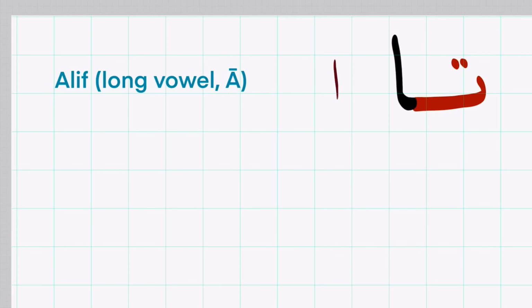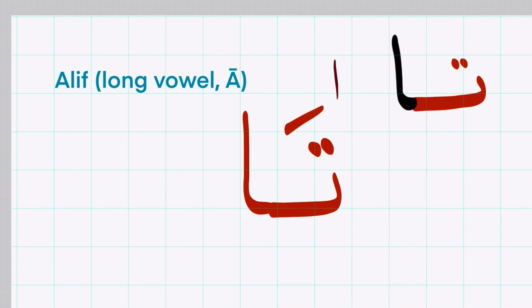Let's practice writing it. Ta, and then you add the alif letter or the a long vowel, so you pronounce it as taa. You could add the fatha. Pause the video and practice on your own.